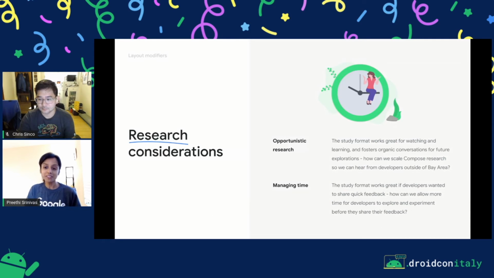We often heard loud and clear that it can take quite some time to set up the development environment before one can actually get started with experimenting or exploring Compose. But on the other hand, this form of gathering feedback did not really offer much room for developers to play with the API for a good amount of time before they are able to share their feedback.